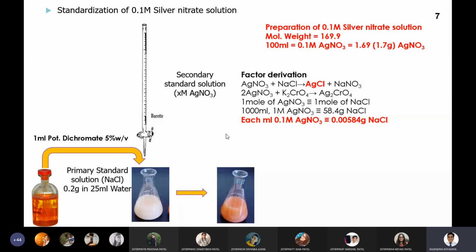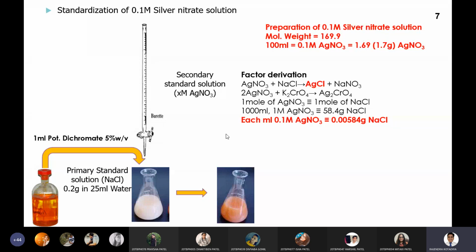Okay, there is a little mistake here. You can take potassium dichromate, or you can also take potassium chromate. That won't be a problem. So it will react with the indicator and will form the resultant orange colored precipitate of the complex of silver with K2Cr2O7 or K2CrO4.